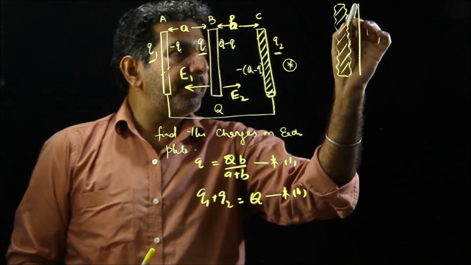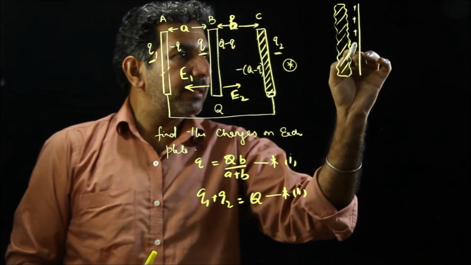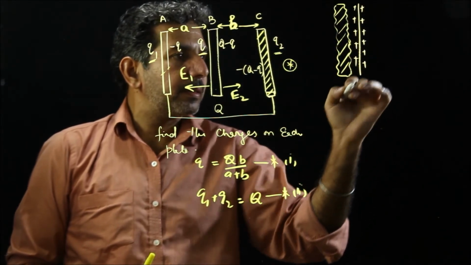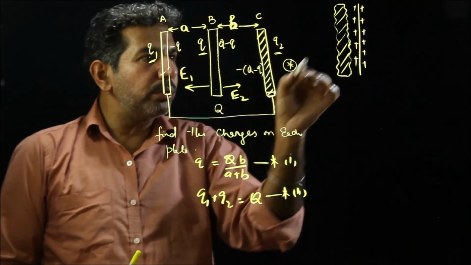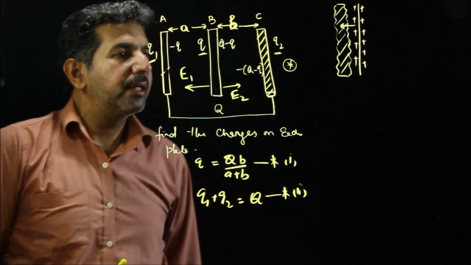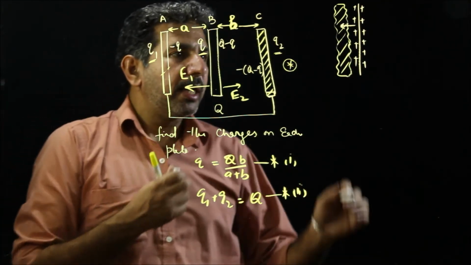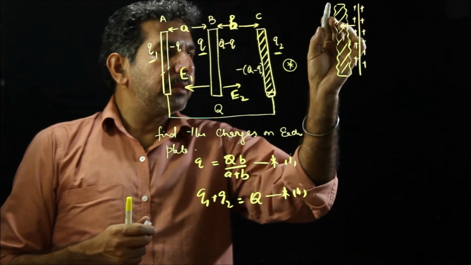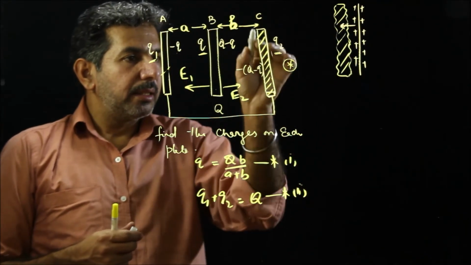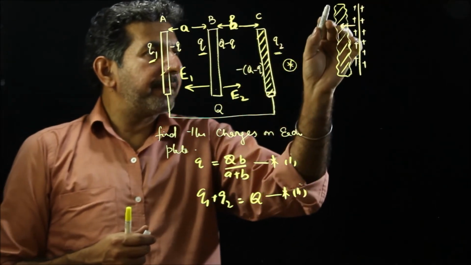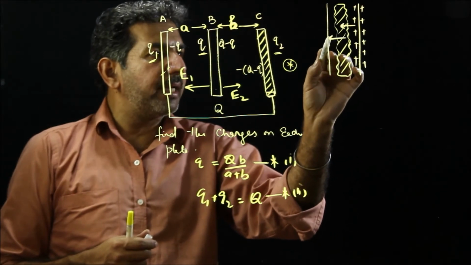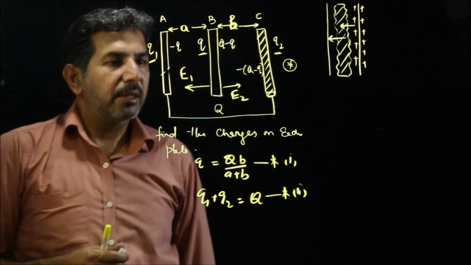So this is the plate, and now Q2 has been made like this, so this is the electric field because of Q2, and this plate is going to be the negative charge plate and will have the electric field in this direction, right?